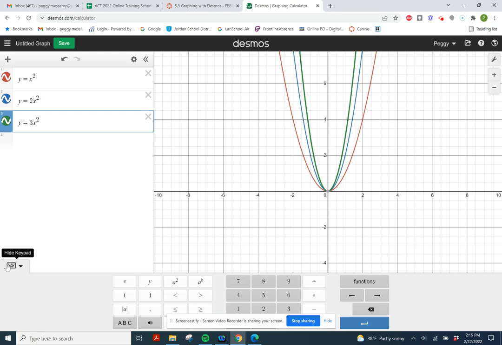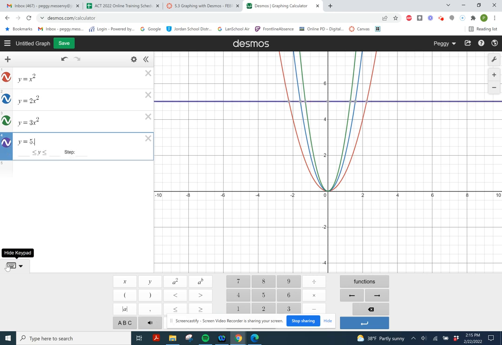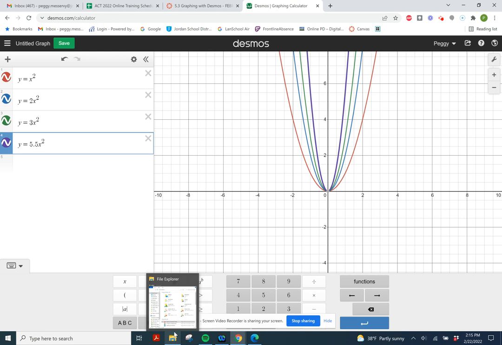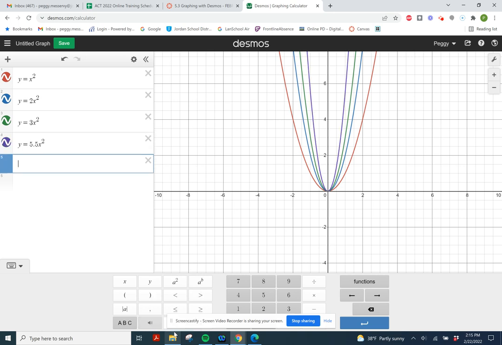Okay, so as a gets bigger, if a is positive and it gets bigger, my parabola gets steeper. So we'll put that in our table here in a little bit. 5.5x to the second power should be even steeper. Yes, it is. Okay, what happens if we do y equals 0.2x squared?